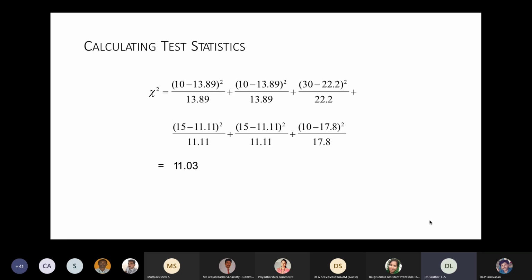That is what you get: Pearson chi-square, the value, and the significance two-tailed value. You have to see that and conclude whether we can reject the null hypothesis or accept the null hypothesis.